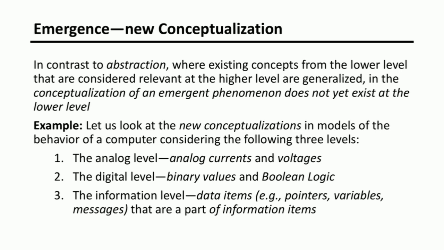Boolean algebra is not part of analog circuitry, and data science is not part of Boolean logic. So we have exactly new concepts to cover the essential part that we are interested in and forget about the details at the lower level.